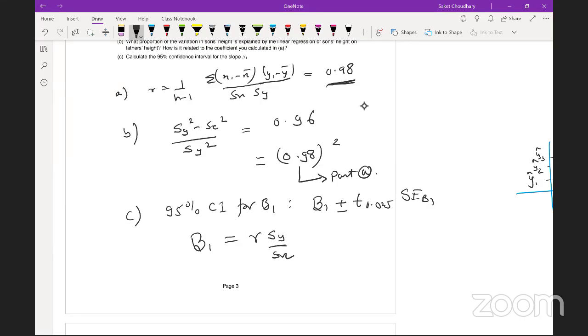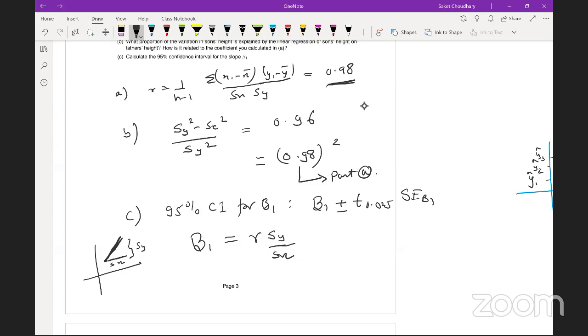Intuitively, you're calculating the slope by adjusting for the amount of variation you're seeing in y. The higher the variation in y, the larger the slope, because the slope quantifies how much difference you're seeing in y. So the numerator is sy, and the higher it is, the higher the value. And the denominator is sx.